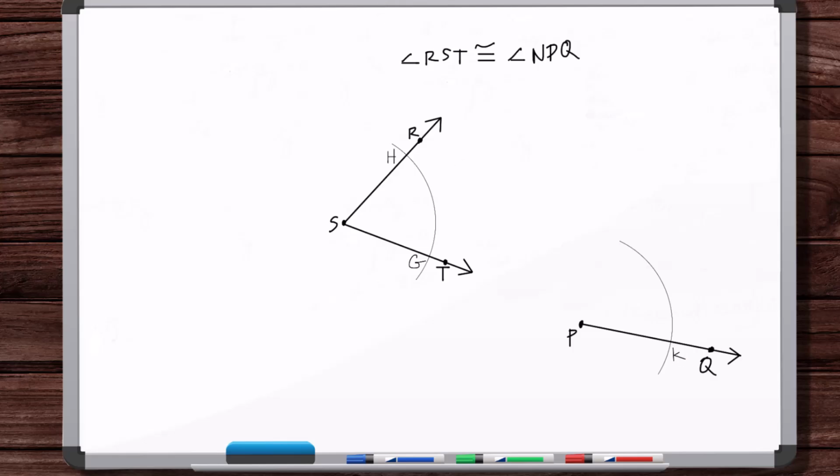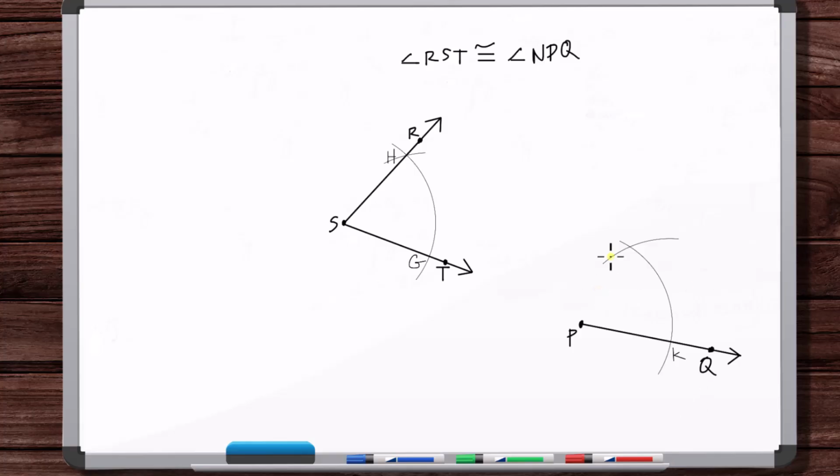All right, next, we're going to take the compass, put the center at point G, and adjust the radius to where it passes through point H, and make another arc just so we can verify it's going through point H. Now with that radius fixed, we bring the center of the compass to point K and draw an arc going through this first arc.